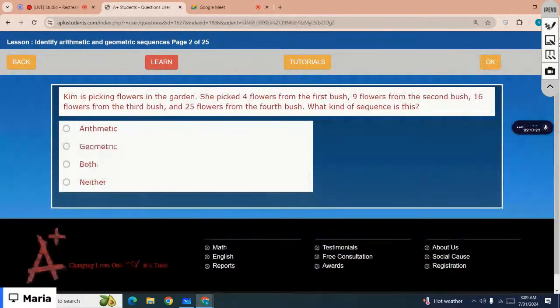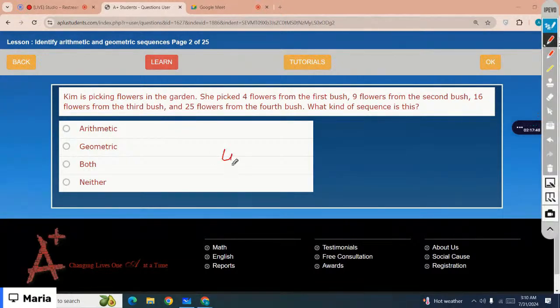Kim is picking flowers in the garden. She picked 4 flowers from the first bush, 9 flowers from the second bush, 16 flowers from the third bush, and 25 flowers from the fourth bush. What kind of sequence is this? The sequence is 4, 9, 16, 25. 4 plus 5 is 9, 9 plus 7 is 16, 16 plus 9 is 25.